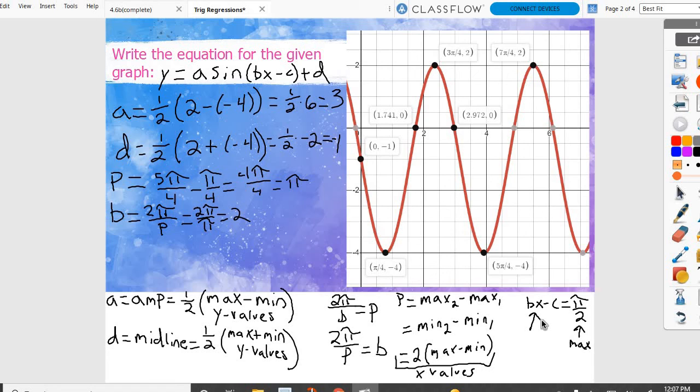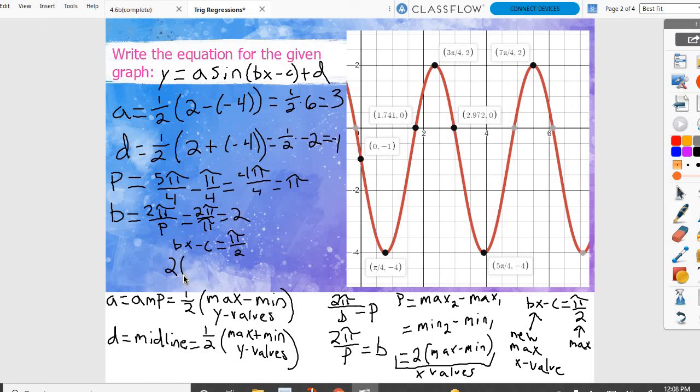The last thing that we want to do is plug in the new max x value. So let's look at what I mean by that. We have bx minus c, and we want to set it equal to pi over 2. What did we say our b value is for this graph? 2.